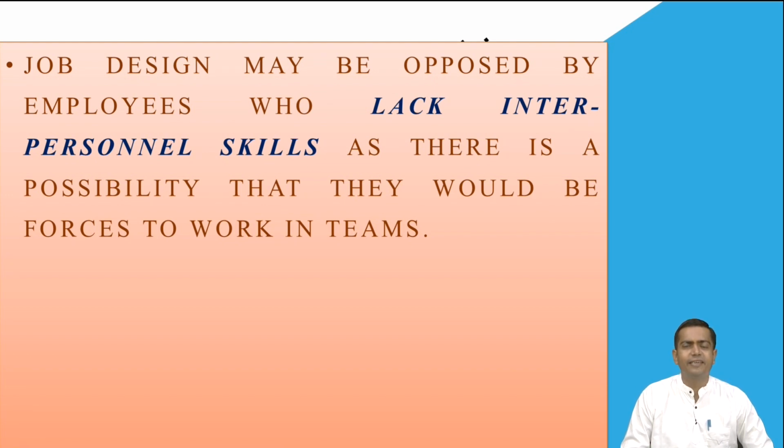We just saw the example of self-managed teams. And I haven't told you that self-managed teams means all people belong to the same department. No, that's not necessary. There is one particular type called cross-functional teams where people from different departments or having different hierarchy or different branches can come together and work.